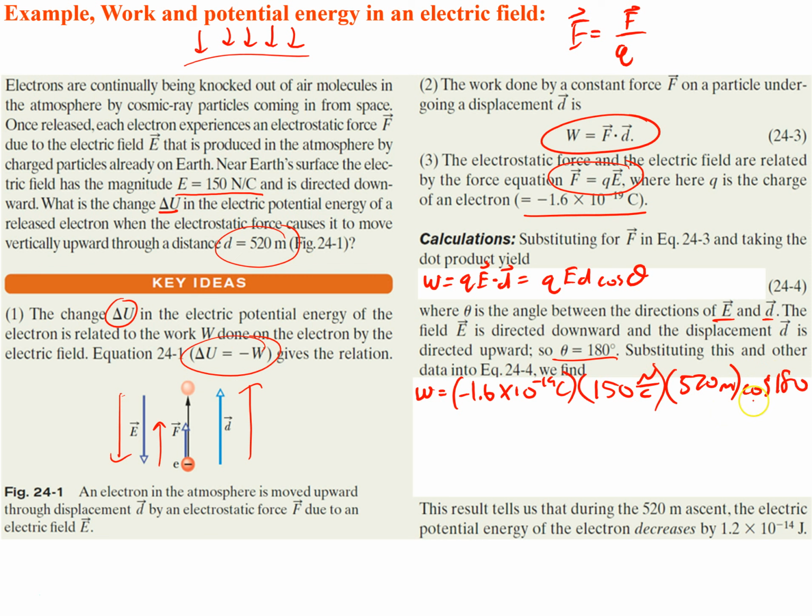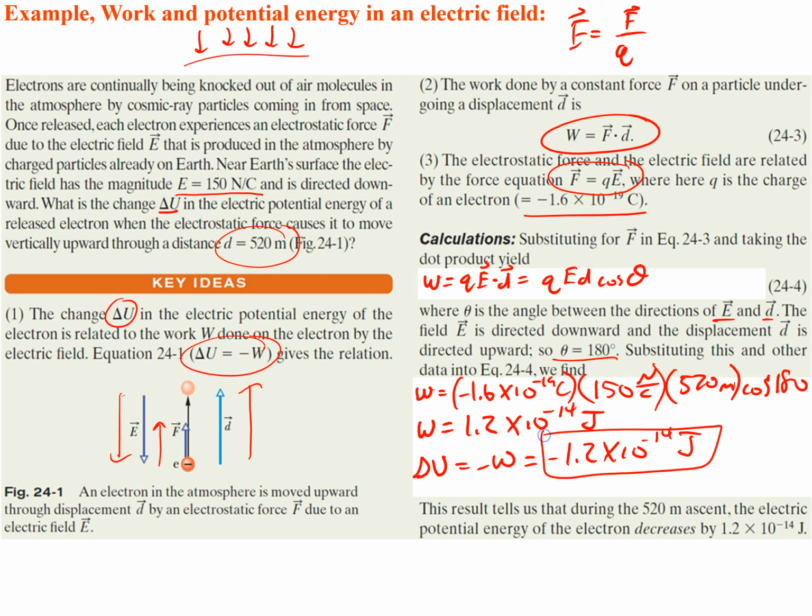Now, this cosine of 180 is obviously going to get us negative 1, so that'll cancel out with our negative there. So the work is just going to be equal to 1.2 times 10 to the negative 14 joules. Okay, so our work ends up being positive, and our change in potential energy, we know, is the opposite of work. So our change in potential energy is just negative 1.2 times 10 to the negative 14 joules.